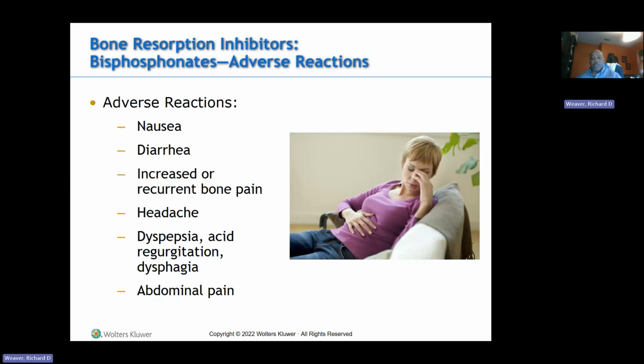Now, bisphosphonates are typically not an issue when clients are taking the medications the right way. If we instruct them the correct way and they're taking them properly, then they normally would not have any issues.